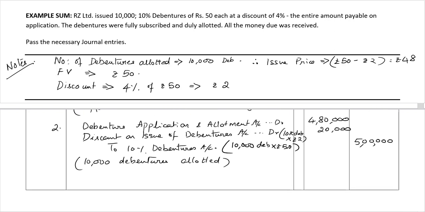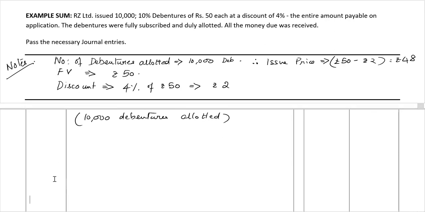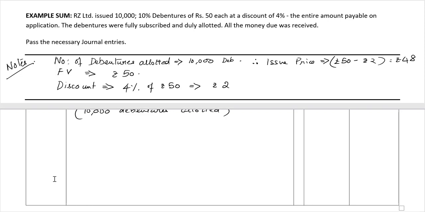Now we have an account called discount on issue of debentures account, and we need to write off this discount on issue of debentures. So the third entry is to write off the discount on issue of debentures of rupees 20,000. There is no balance of securities premium reserve as per the question.